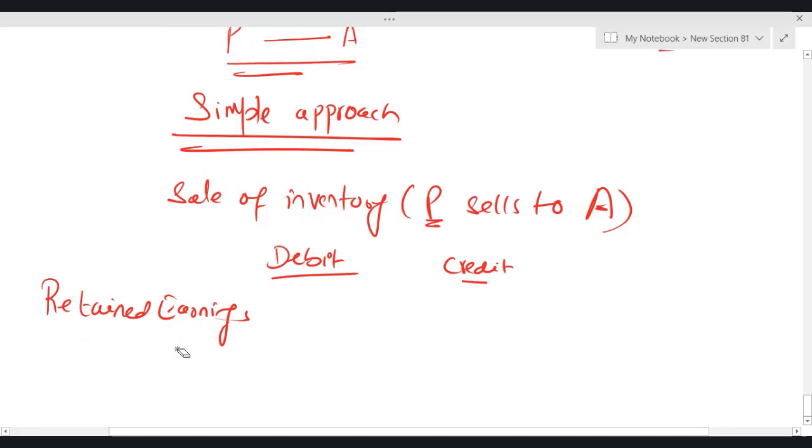Let us bring the value so that it will be easy. Debit the retained earnings, and you will simply credit investment in associate.